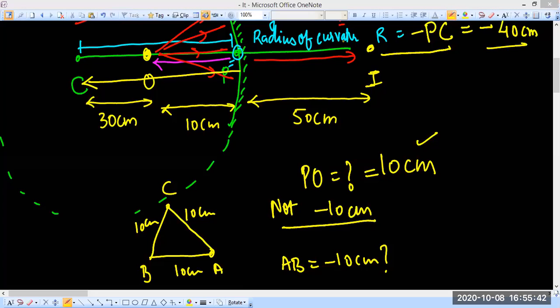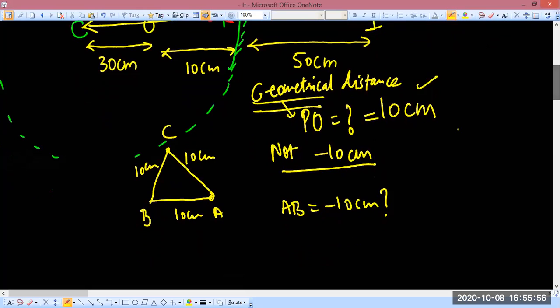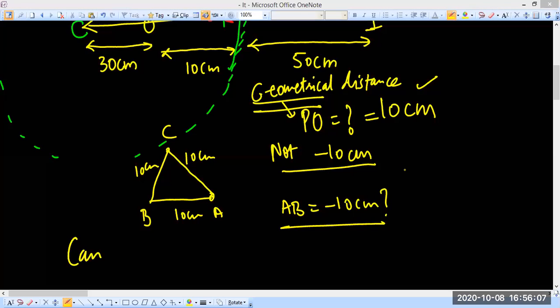Because once again, PO is a geometrical distance. Understood? I hope you understand why I'm using this term. Geometrical distance means the way distance is in geometry, and that is never negative. Can a distance in geometry be negative? Think about it. Can a distance in geometry be negative?